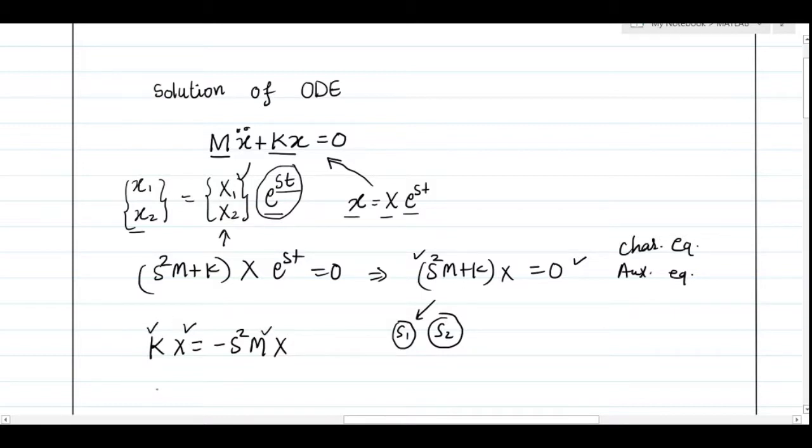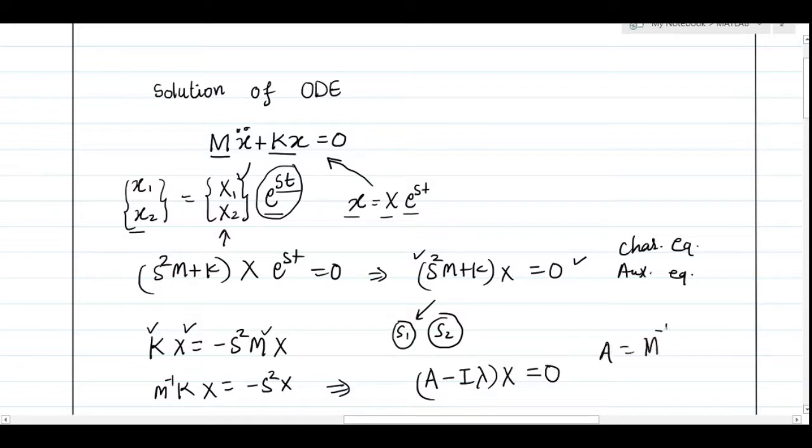Or I can write it as M inverse K X is equal to minus s square X, which can be rearranged as (A minus I lambda) X is equal to 0, where A is your M inverse K matrix and lambda is minus s square.